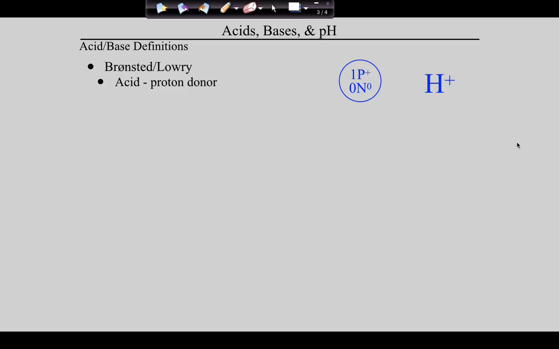So guys, this is now a hydrogen ion. That's the Arrhenius definition, right? Arrhenius said acids give away hydrogen ions. So in order to make hydrogen into an ion, we take away the electron. But when we take away the electron, what's left? A proton. And that's the Bronsted Lowry definition.